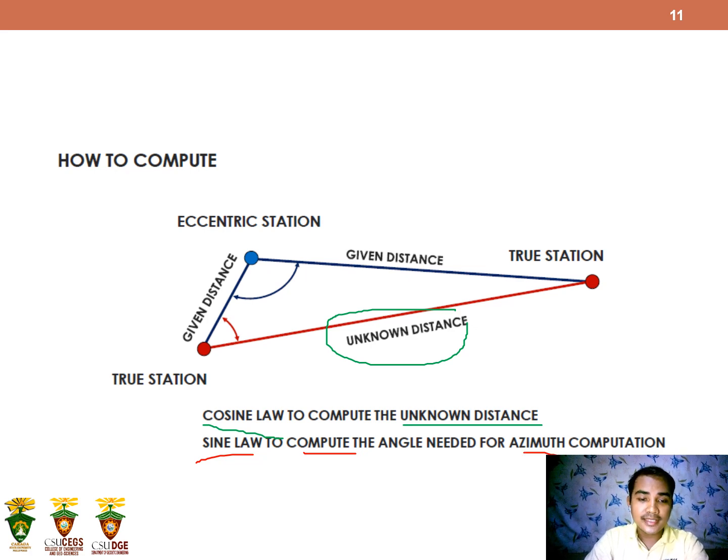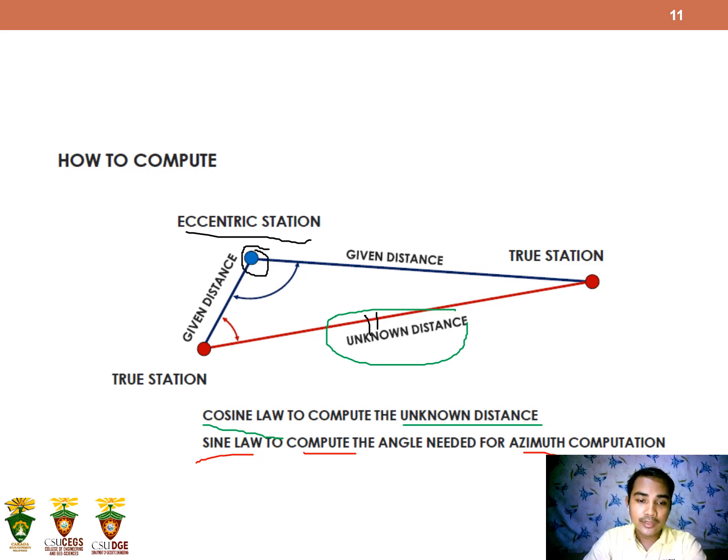Basically, since we cannot occupy the known station, based on the previous slide and the illustration, there is a possible obstruction in this part, which is why we cannot get it directly. So we are going to use the eccentric station method or technique, occupying and establishing a satellite station.